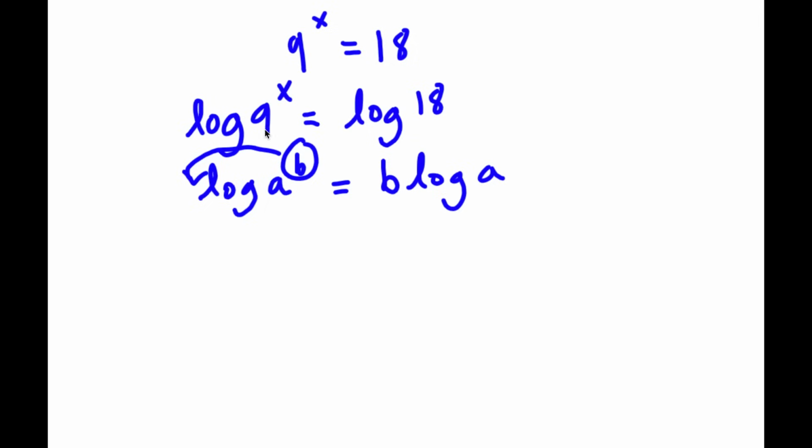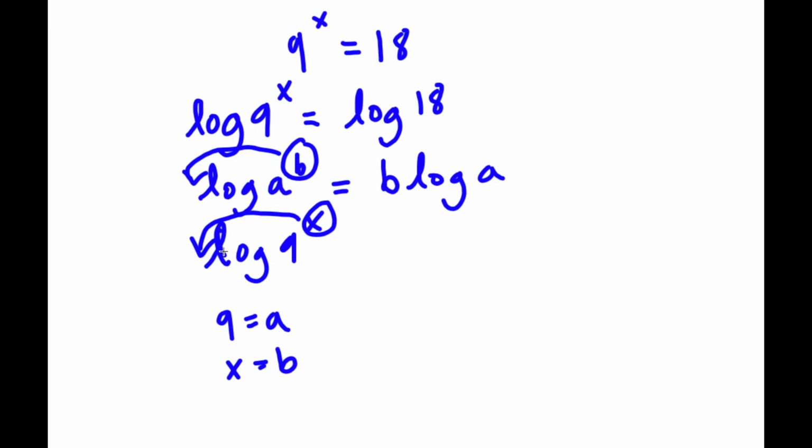I'm going to use this property on log 9 to the power of x. So we can think of 9 as a and x as b. So I'm going to move our x to the front of the logarithm.